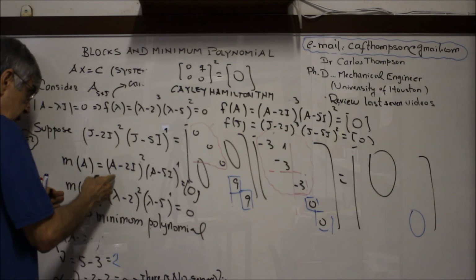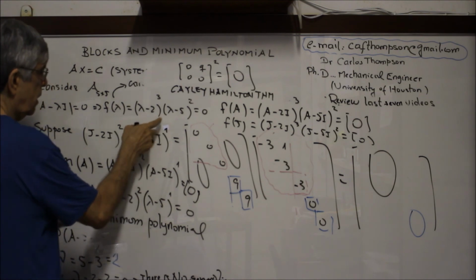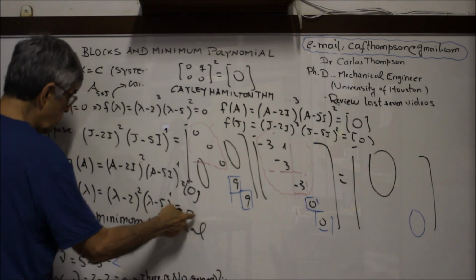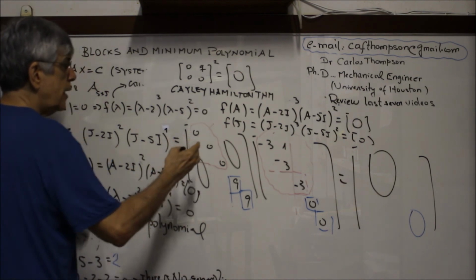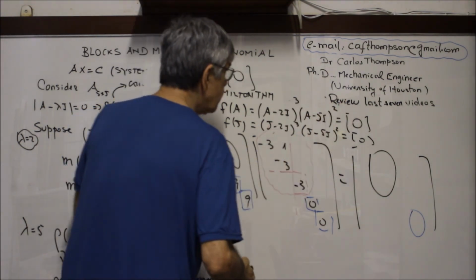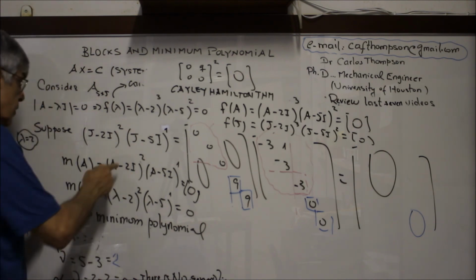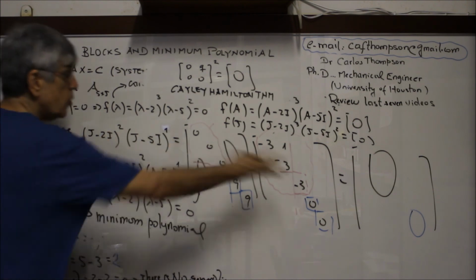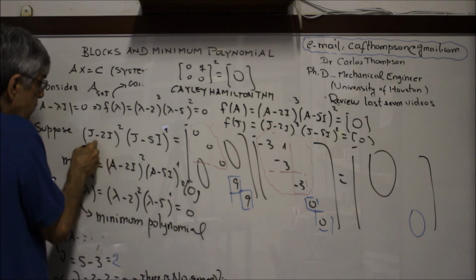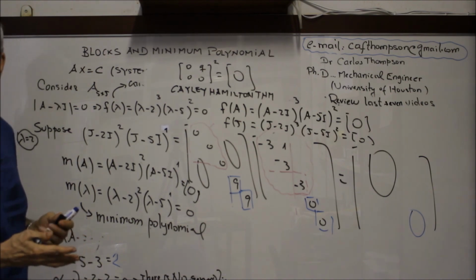If you have a minus 2i squared and a minus 5i to the power 1 equal to 0, we don't need a minus 2i to the power 3. That we call the minimal polynomial. Why minimal? Because if I put 3 here, it will also be 0. If I put 2 here, also 0, because j minus 2i squared is already 0. Did you understand what we call the minimal polynomial?